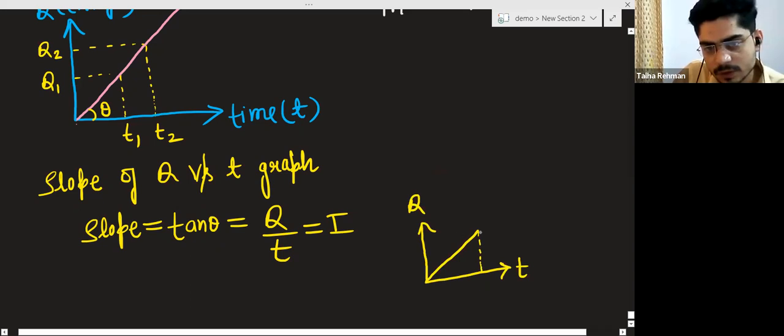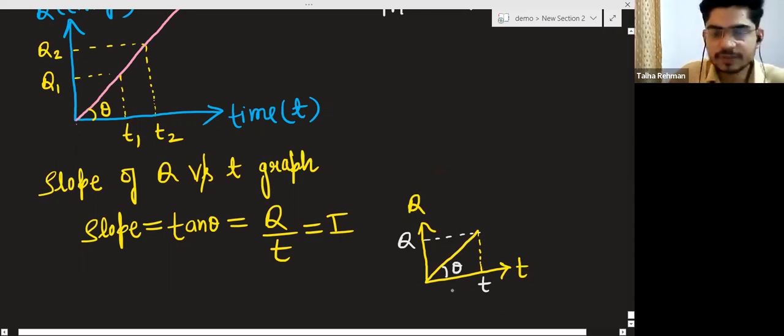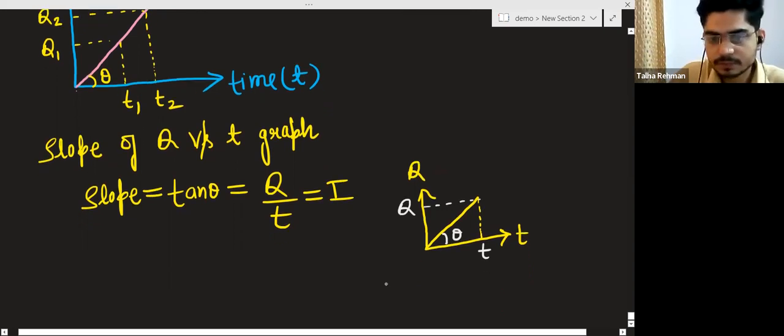Suppose this is some value Q of charge at some time t, and this is the angle theta, and we know that slope is equal to tan theta.